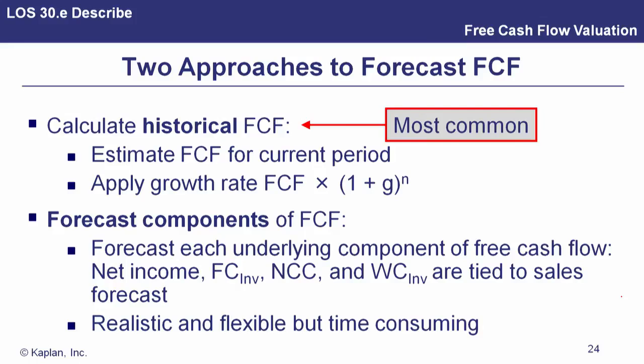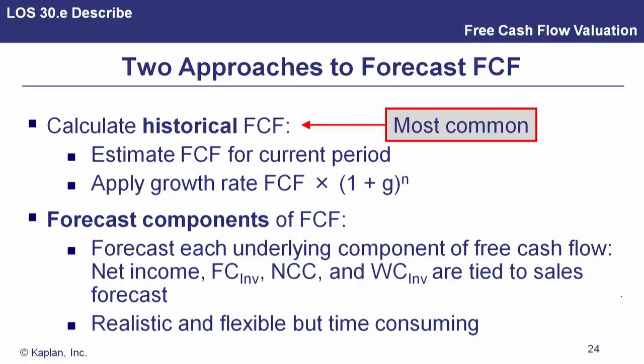Alternatively, the other way to do it is to look at the components of your free cash flows. So you have the 5-part decomposition, and each component may be growing at slightly different rates, in which case you apply their individual growth rate for individual components. Very unlikely, and very time consuming.